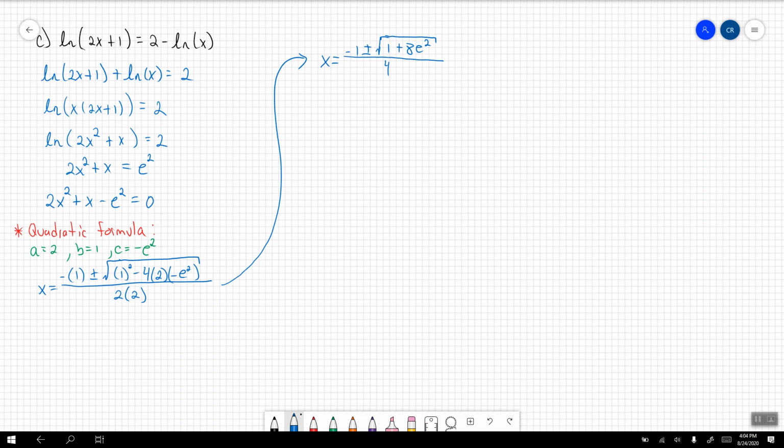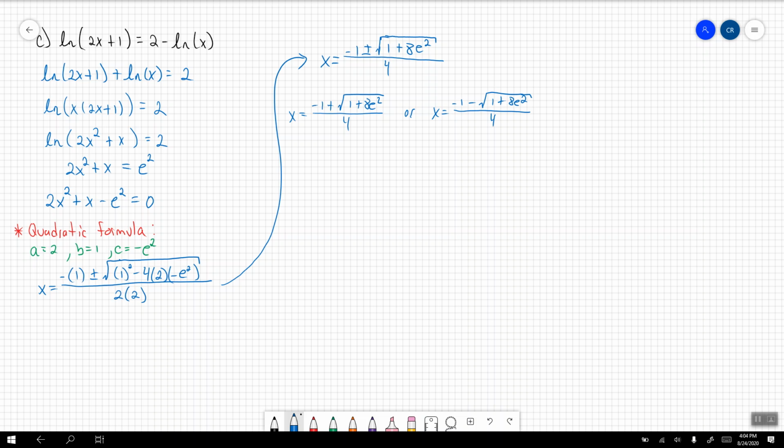Nice. Now, we have two different answers here. One of the answers is x is equal to negative 1 plus square root of 1 plus 8 e to the power of 2, all divided by 4. The other answer is x is equal to negative 1 minus square root of 1 plus 8 e to the power of 2, all divided by 4.